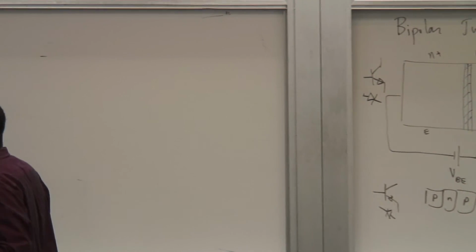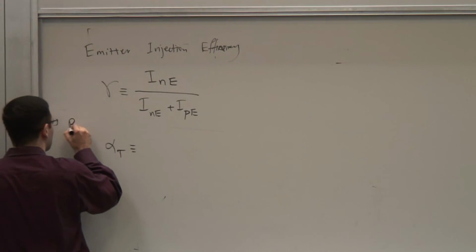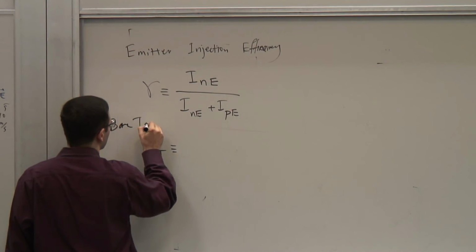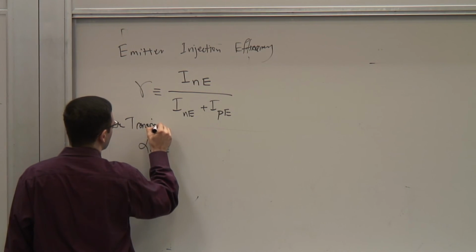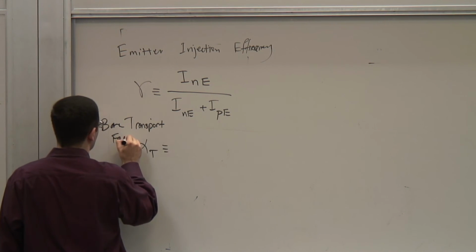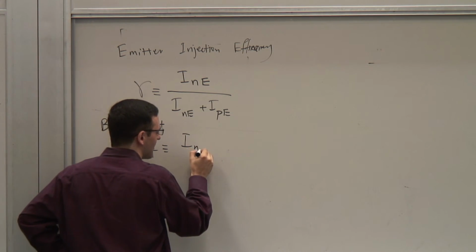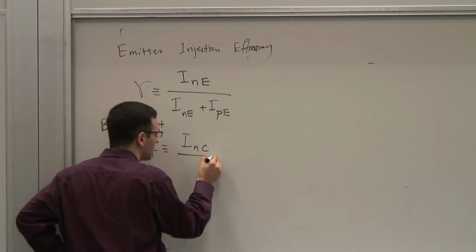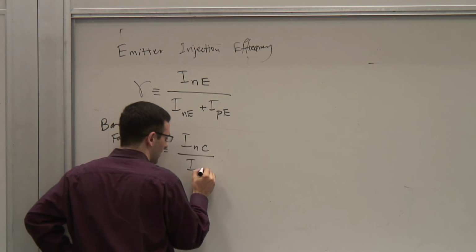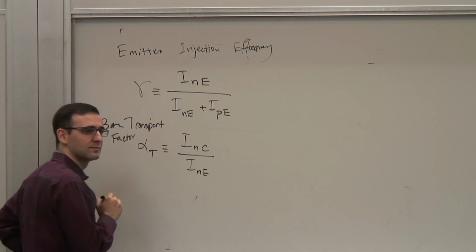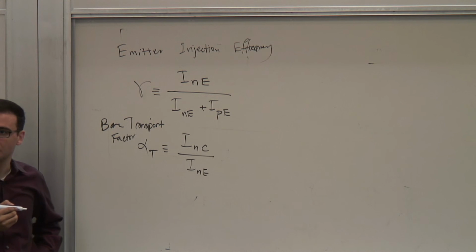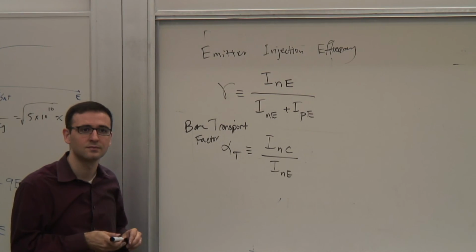So this is called the base transport factor, shown with alpha T, which is the ratio of the electrons that make it to the collector to the electrons that are injected from the emitter.